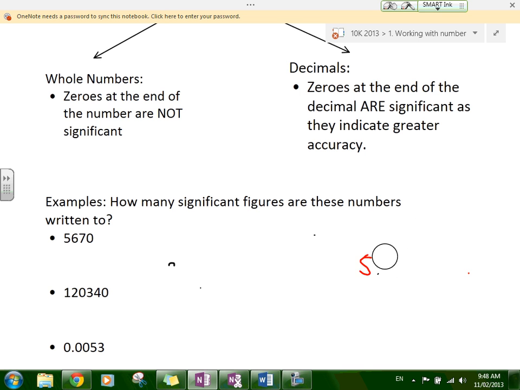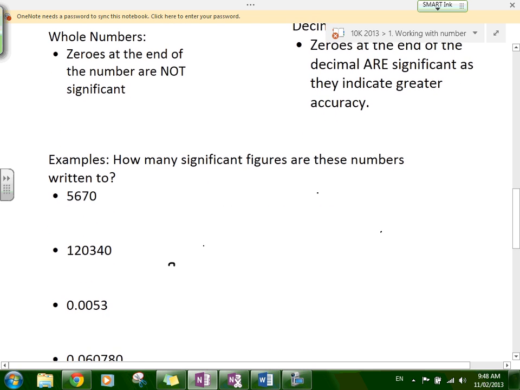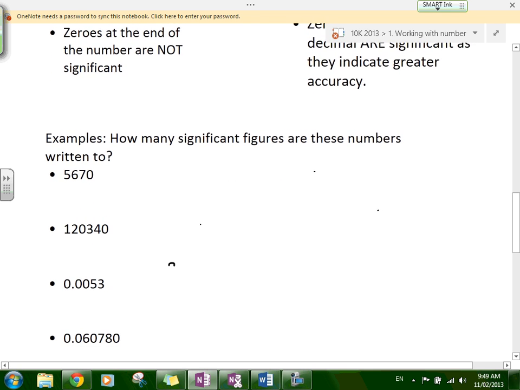How many significant figures are these written to? Alright, so we need to just identify that.